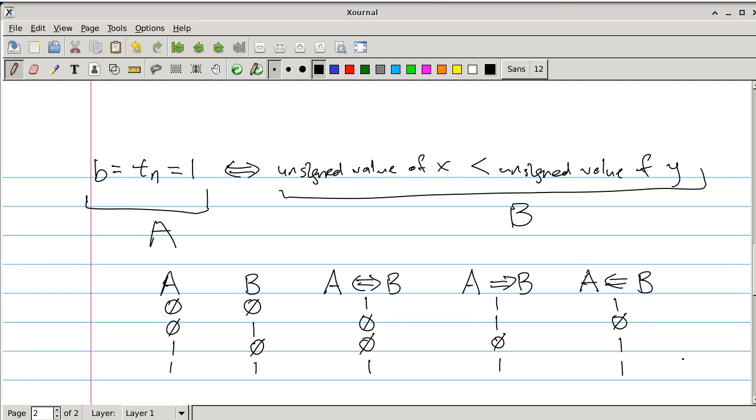Number 3, if you start with an unsigned value of x that is confirmed to be less than the unsigned value of y, the borrow flag is going to be a 1. And the last one, if you start with an unsigned value of x that is not less than the unsigned value of y, then we know the overall borrow is going to be 0. Okay, so if and only if is saying all those 4 things.